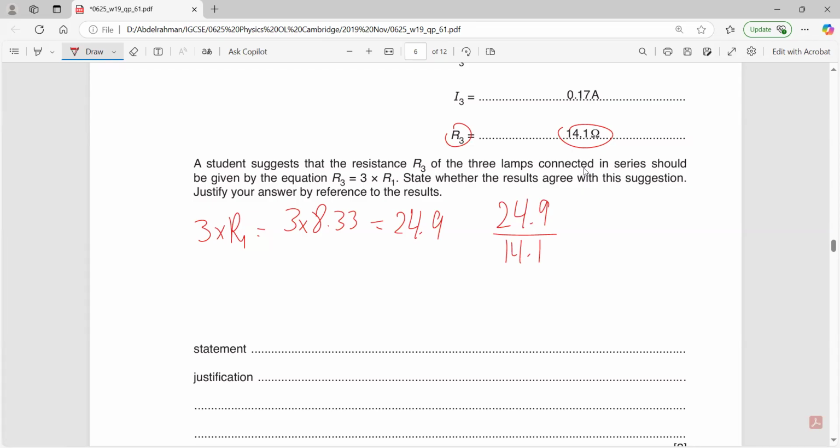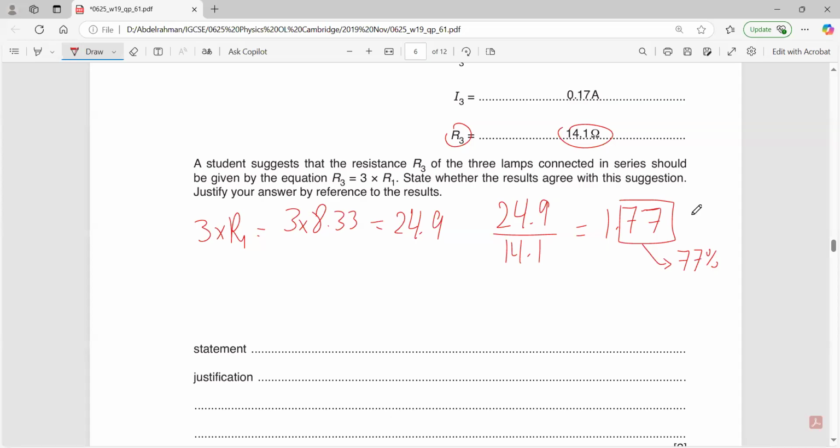So 24.9 divided by 14.1 is 1.76 or 1.77. It doesn't actually matter. Which is a 77% difference.